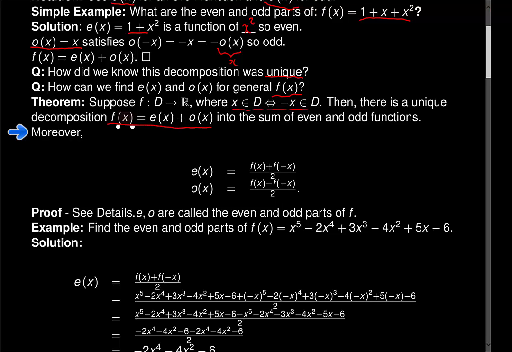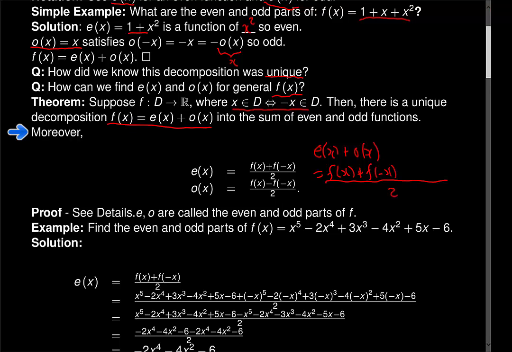If you added e of x plus o of x, what you would get is f of x plus f of minus x, and it's all going to be over 2.